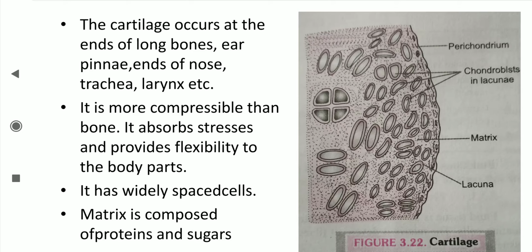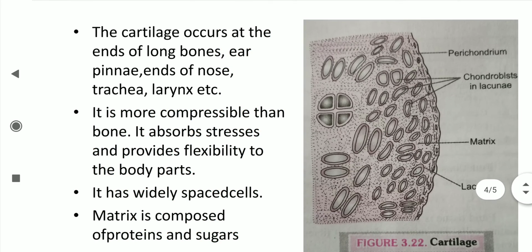It is more flexible than bone. Bone is not flexible at all. It consists of living cells embedded in a matrix. You are seeing the matrix, and the cells embedded in it are living.